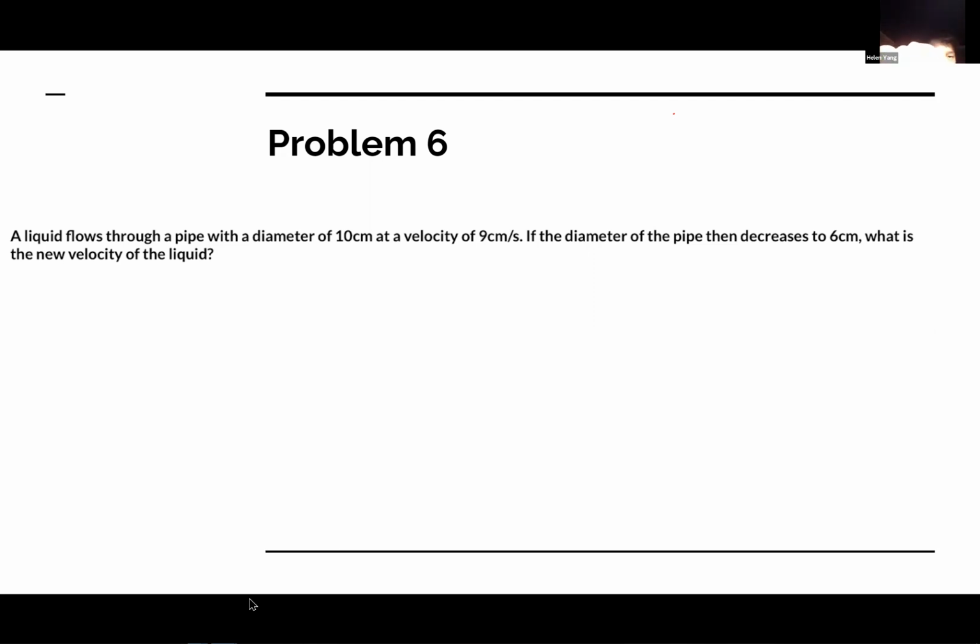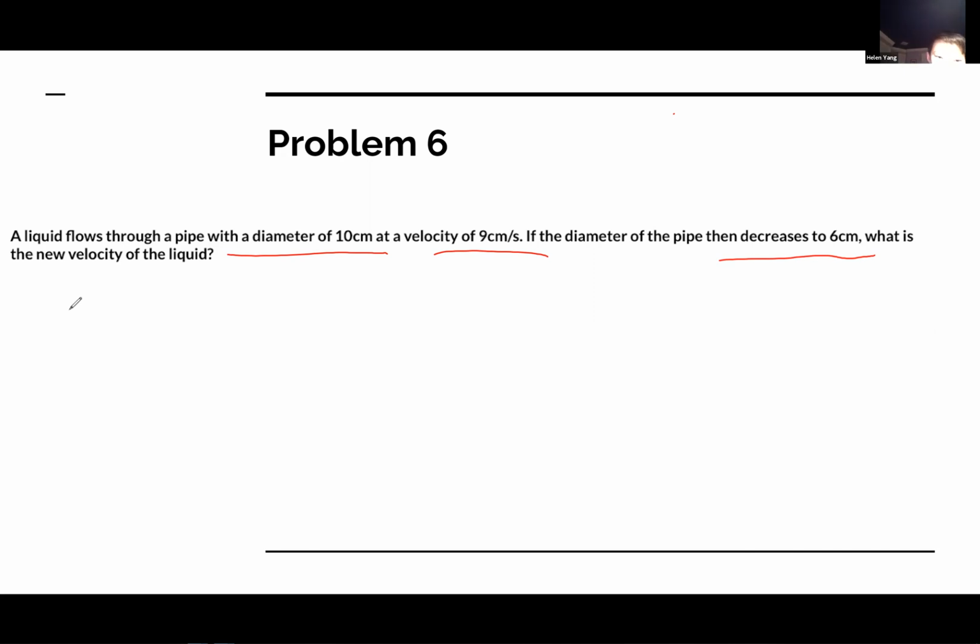Okay, so for this question, a liquid flows through a pipe with a diameter of 10 centimeters at a velocity of 9 centimeters per second. If the diameter of the pipe then decreases to 6 centimeters, what is the new velocity of the liquid?